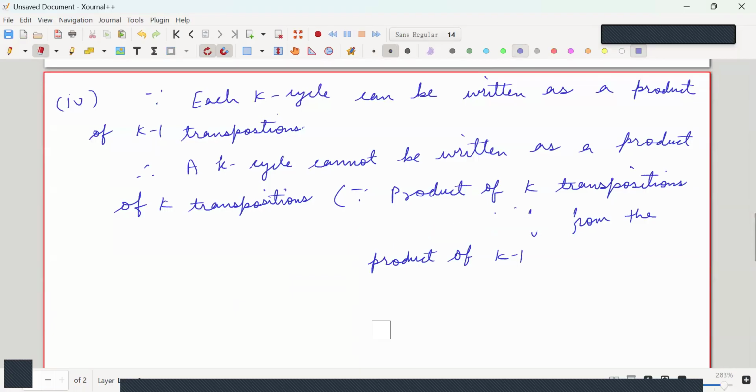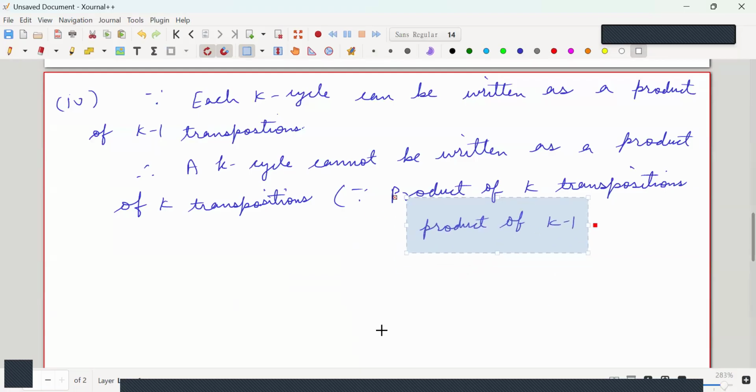Let me just rewrite it in more understandable language.